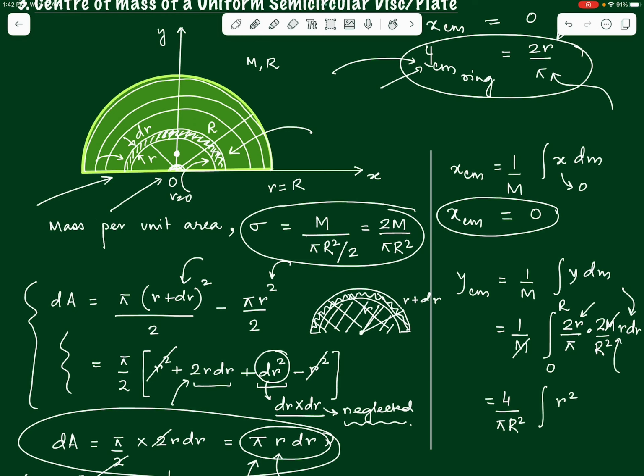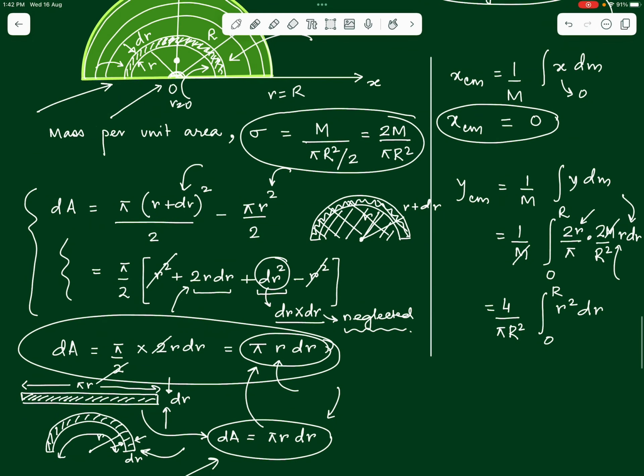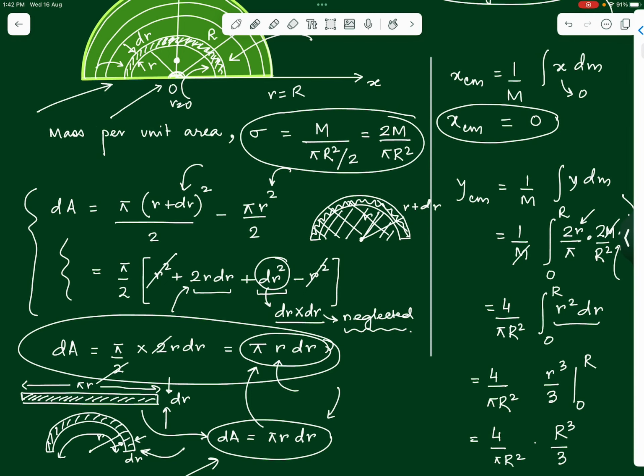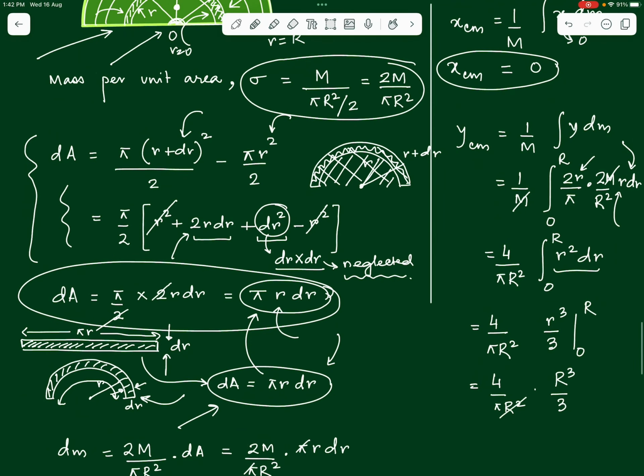So we will have r squared into dr, limits from 0 to capital R. Solve this. 4 by pi R squared into integral of r squared dr will be r cubed by 3, limits from 0 to capital R. Put the limits. 4 by pi capital R squared into capital R cubed by 3 minus 0, and R squared will cancel out with R cubed and we are left with 4R by 3 pi, which is our final answer for the y coordinate of center of mass.